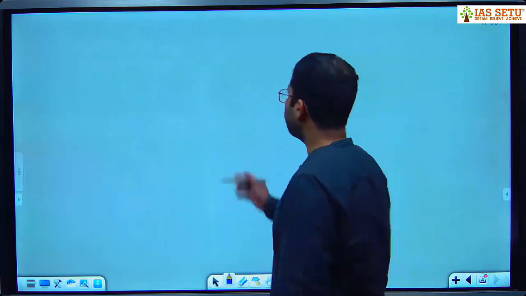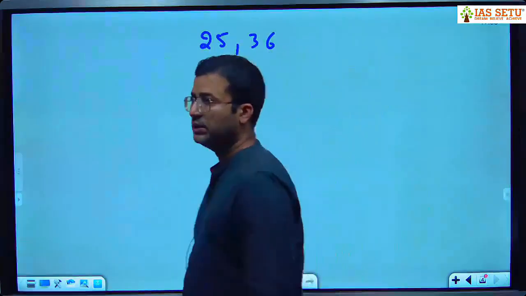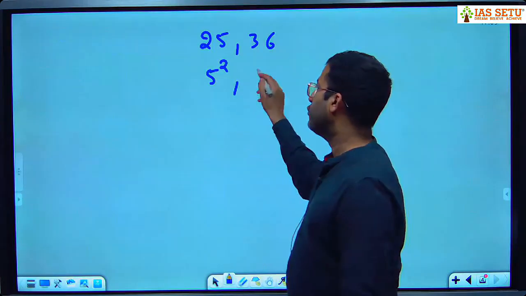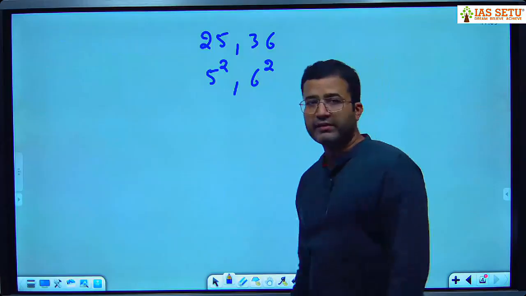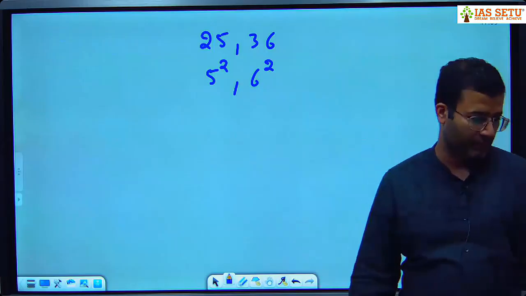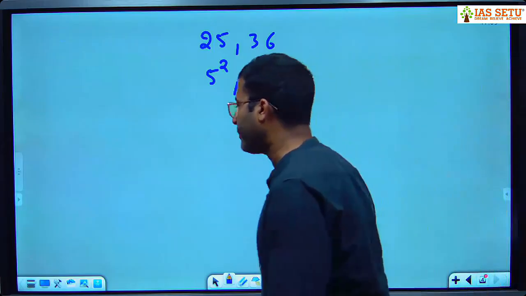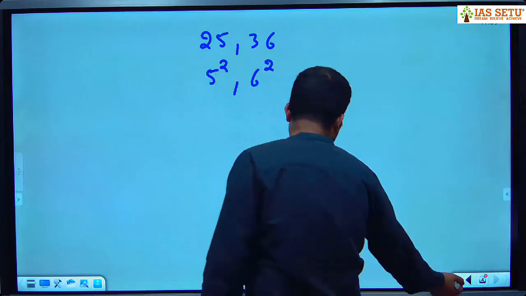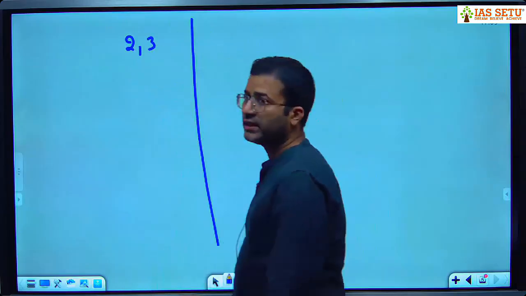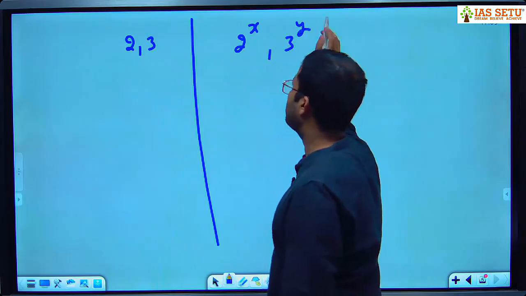Like here, if I ask you 25 and 36, are these co-prime, yes or no? What is this? 5 square. What is this? 6 square. And we know 5 and 6 are co-prime, so 5 square and 6 square has to be co-prime. So 5 square और 6 square co-prime होंगे ही। So I repeat, if 2 and 3 are co-prime, then 2 to the power x will always be co-prime to 3 to the power y.